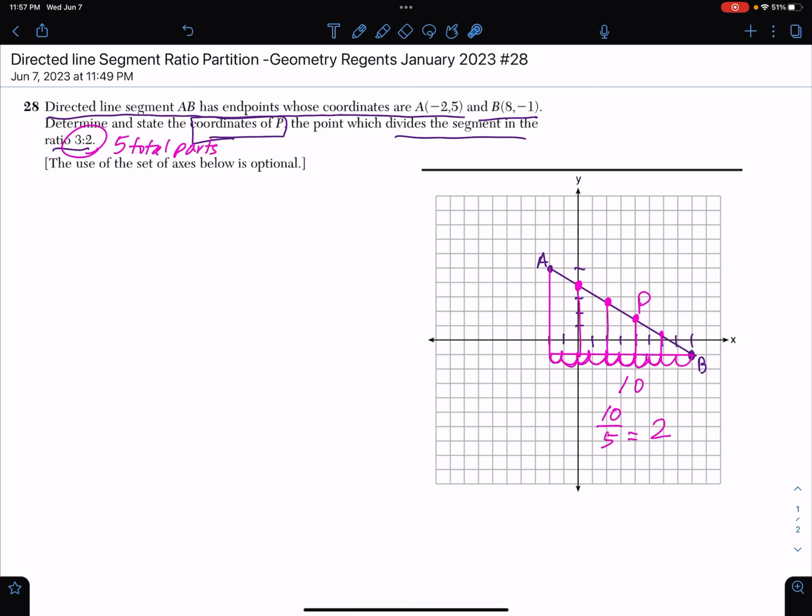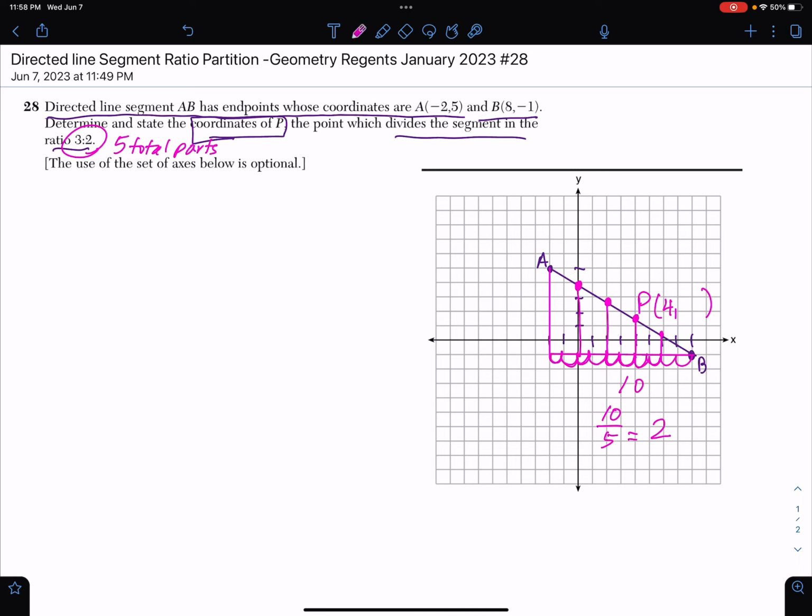Now, if you look over here, point P is not a whole number, right? It's right in between. So this is what I mean about the graphing method having its limitations. I know the x-coordinate is going to be 4, but I'm not quite sure exactly what the y-coordinate is. It's between 1 and 2.